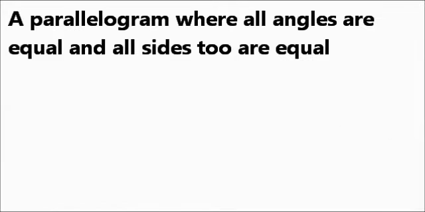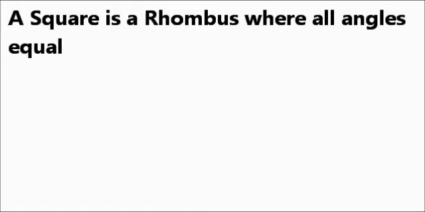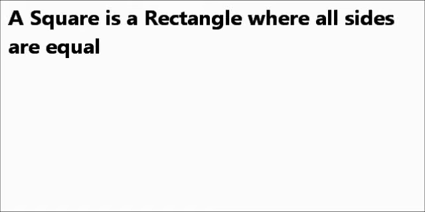Now let's see square. The square is defined as a parallelogram where all angles are equal and all sides are also equal. So can we say that a square is a rhombus where all angles are equal, or a square is a rectangle where all sides are equal?